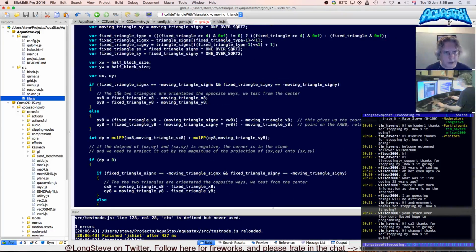Right. The two triangles are oriented the opposite ways. We can test from the center. Else do something different. Then dot product.